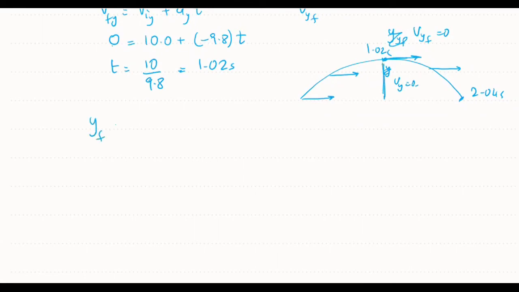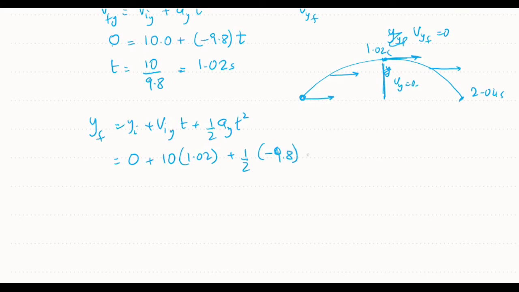So y final equals y initial plus v i y t plus half a y t square. y initial is 0, starting from the ground. v initial y was 10 meters per second, times 1.02, plus half times minus 9.8 times 1.02 square is our y final, which is the y max, and on solving this we get 5.10 meters. So that's the maximum height to which it goes.